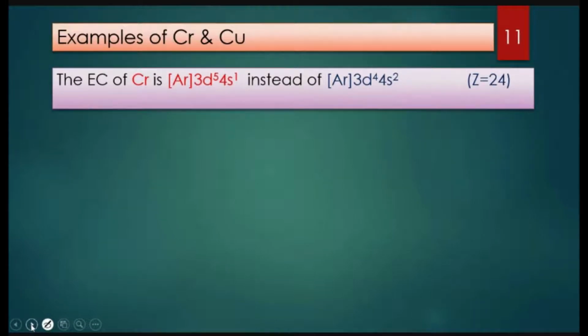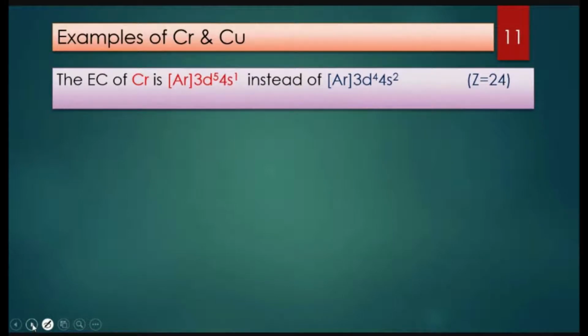When we compare the energy of the 3d and 4s orbitals, the 4s orbital is the orbital with lower energy and the 3d orbital is the orbital with higher energy. So as per the rule, first we have to fill the 4s orbital and then the remaining electrons go to the 3d orbital.